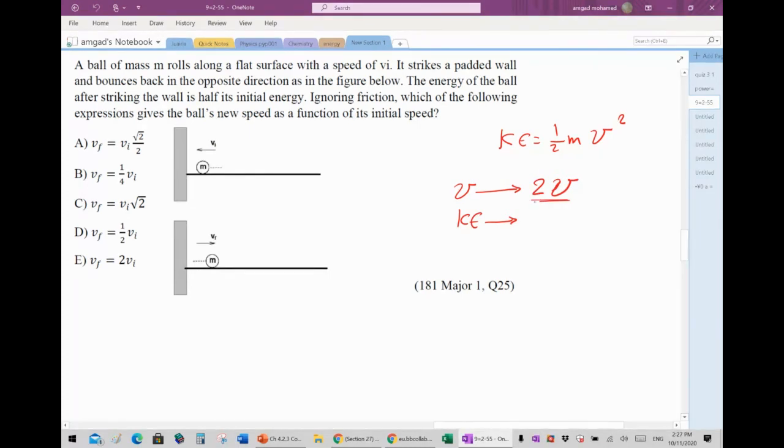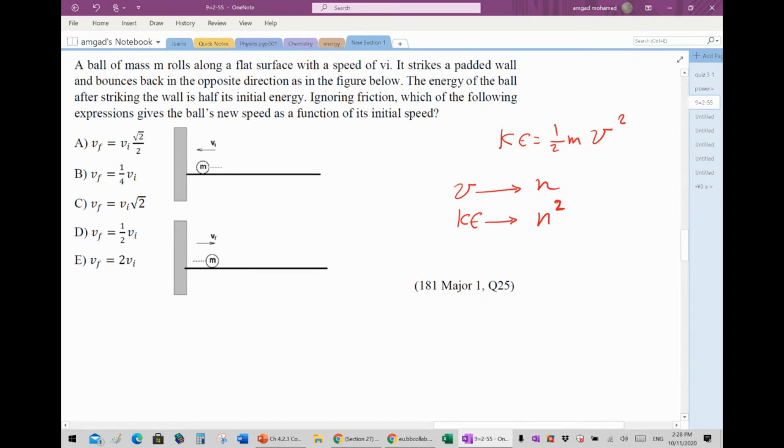If the speed of the object increases 2 times, the kinetic energy increases 4 times. If the speed increases 3 times, the kinetic energy increases 9 times. So if the speed increases n times, the kinetic energy will increase n square times.